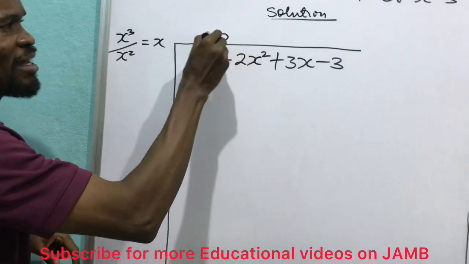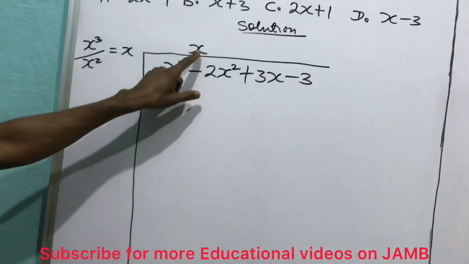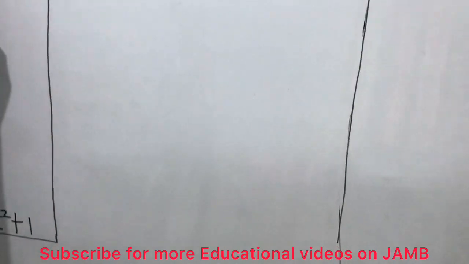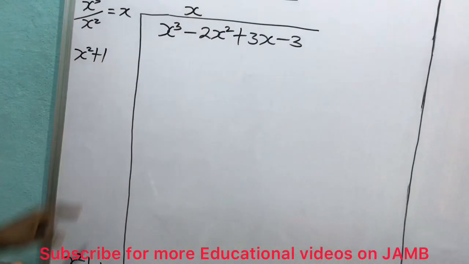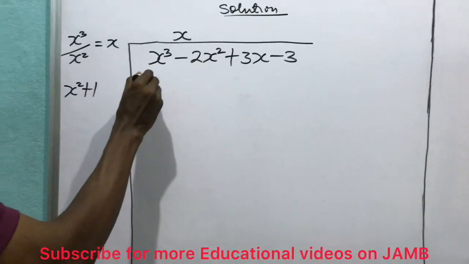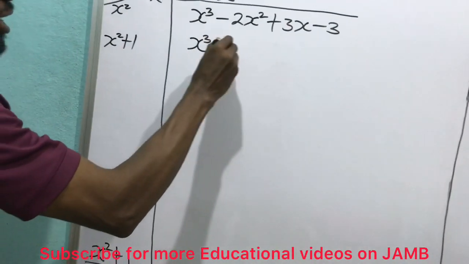So what will I write here? x. Then I will take this x and multiply it by x raised to power 2 plus 1, and it's going to give me x raised to power 3 plus x.